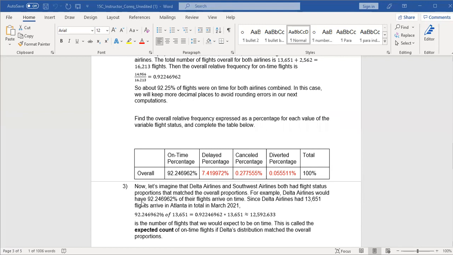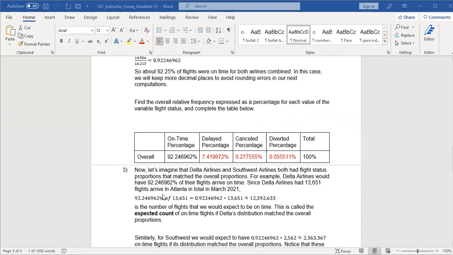Now for number 3, let's imagine that Delta Airlines and Southwest Airlines both had flight status proportions that match the overall proportions. For example, Delta Airlines would have 92.246962% of their flights on time.